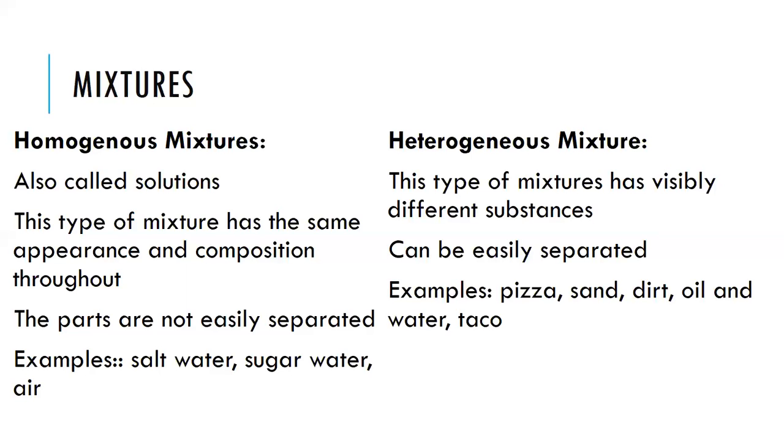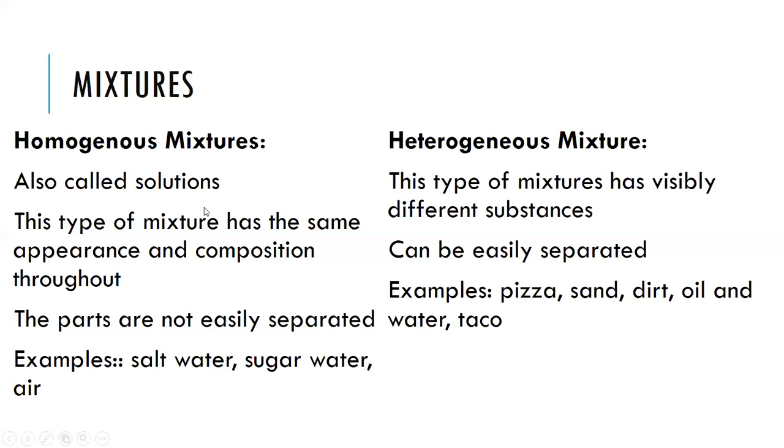If you have a jar of salsa next to you and a jar of pico de gallo next to you, they're visibly different. The pico de gallo, you can pretty easily pick apart the tomato, the onion, whatever else you have in it. So pico de gallo is like a heterogeneous mixture. However, your salsa is pretty mixed together. While you might be able to take some large chunks of it, a lot of it can't be separated anymore. So salsa is more like a homogeneous mixture.